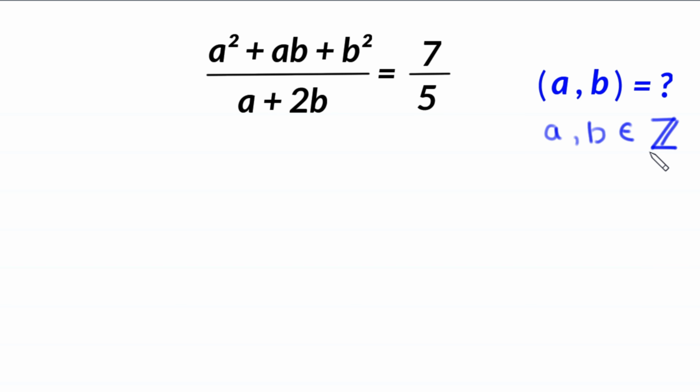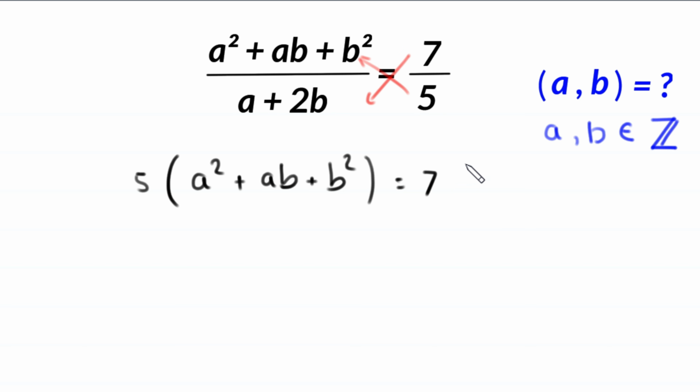So let's start. First, to remove fractions, we multiply this 7 by this expression and this 5 by this expression. So this will become 5 times (a squared plus ab plus b squared) equal to 7 times (a plus 2b).